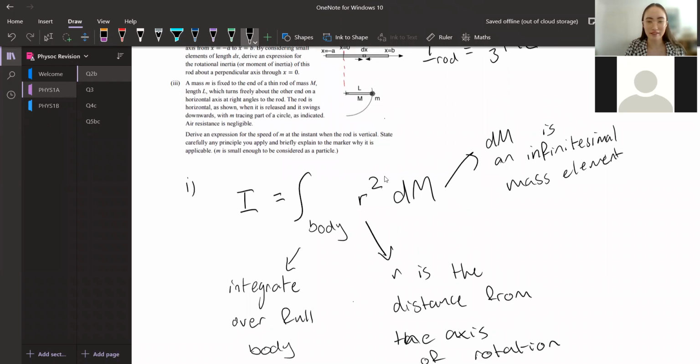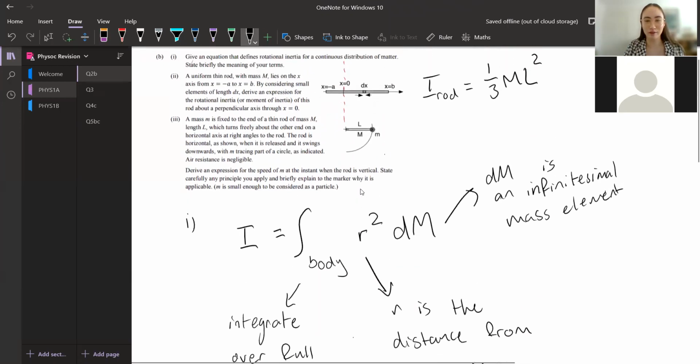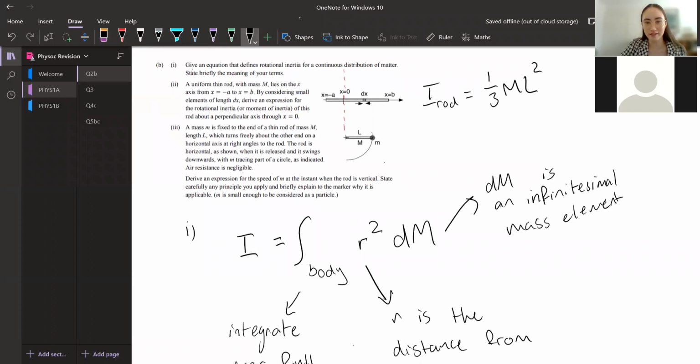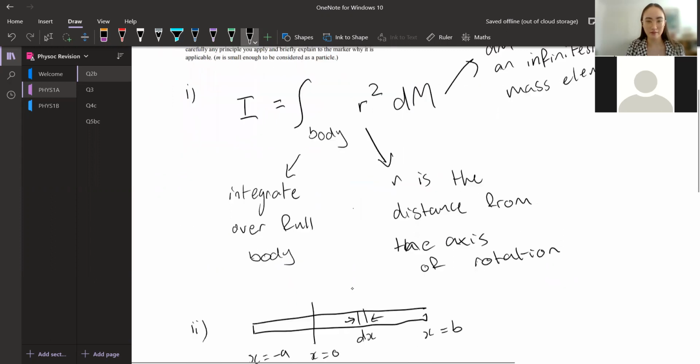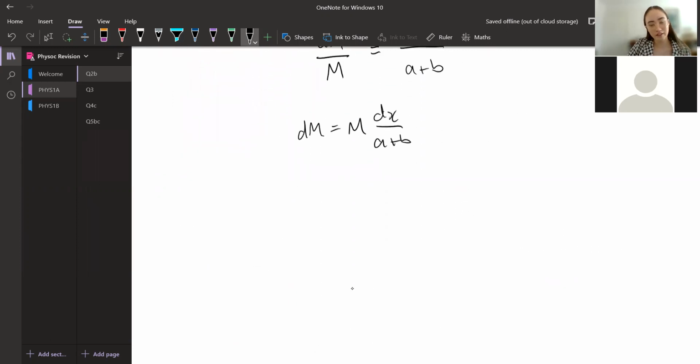So we take this equation here. We know r squared in this case is our distance of an infinitesimal element to the center of the rotation, or that rotational axis. So that's just going to be the value x, and we can pretty much solve it now.